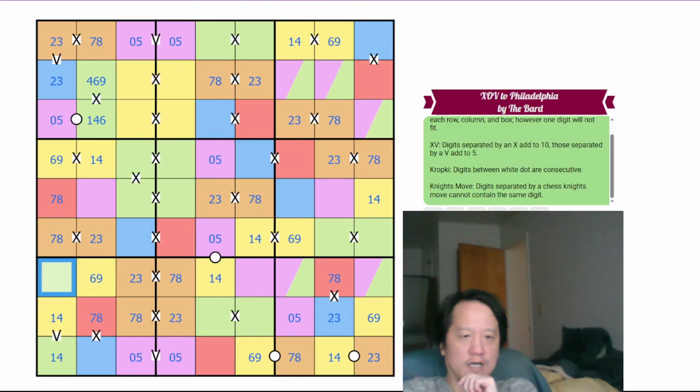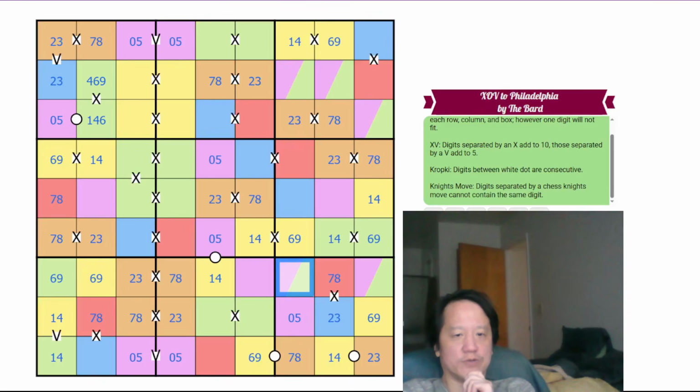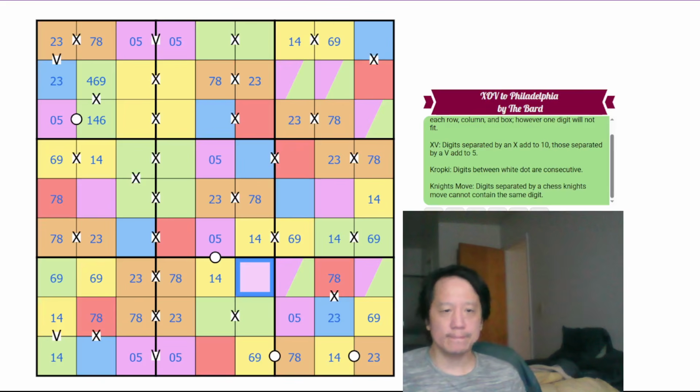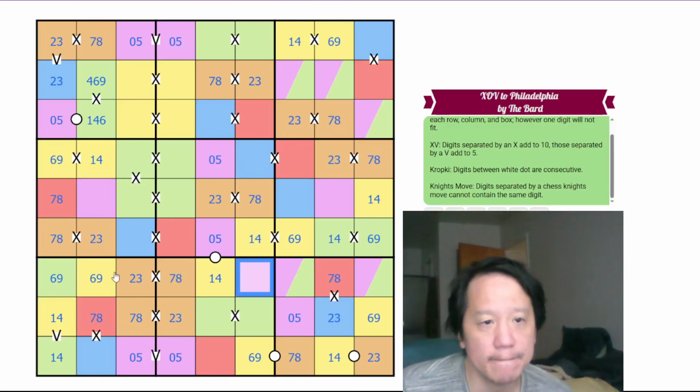So this is high 6-9, which means one of these is low green. So it's 1-4. And they both see this one. So this is high 6-9, that's low. So one of these is the low 1-4. We don't know which.